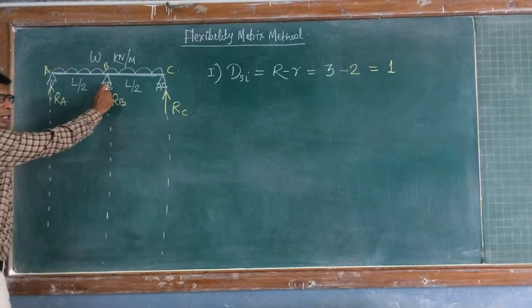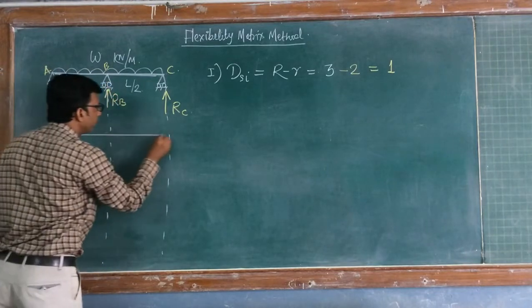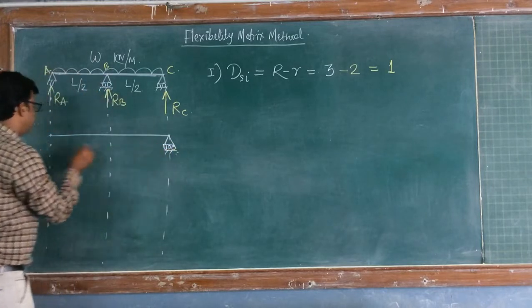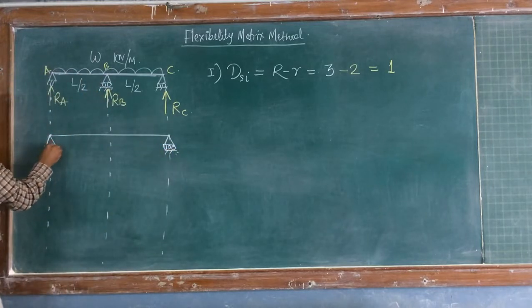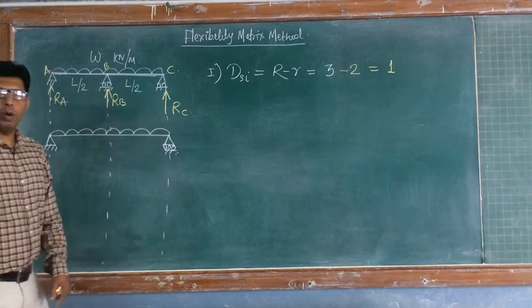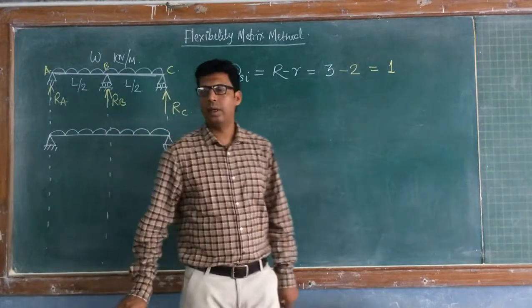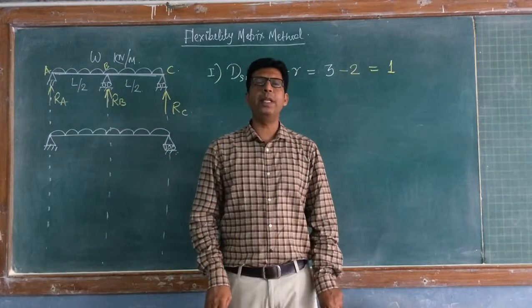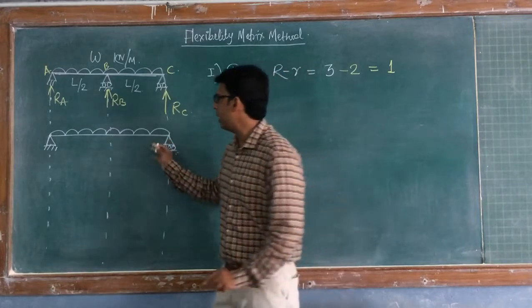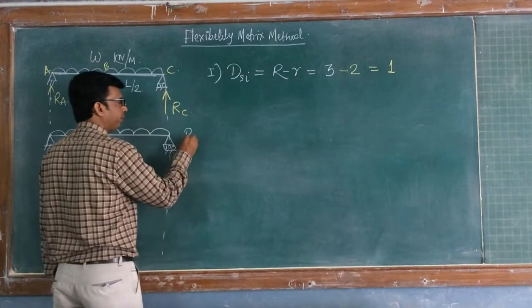If you remove the middle support B, the remaining beam is a simply supported beam which is statically determinate. This is called the release structure.